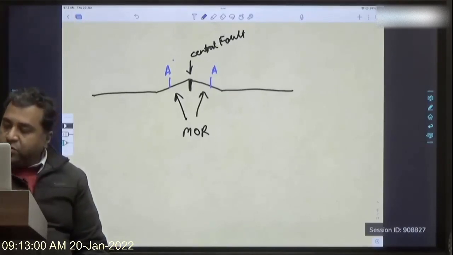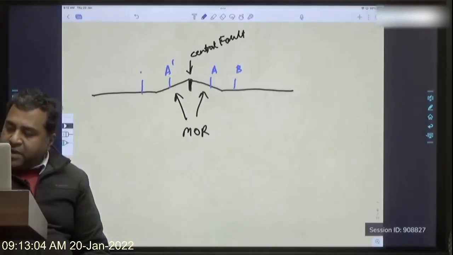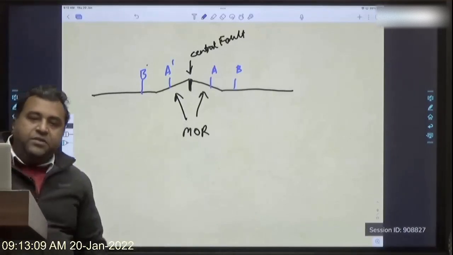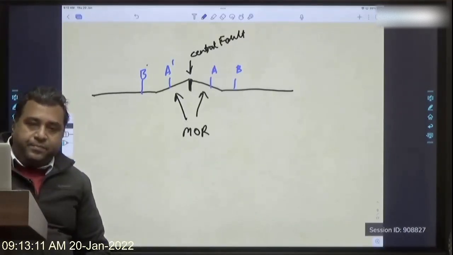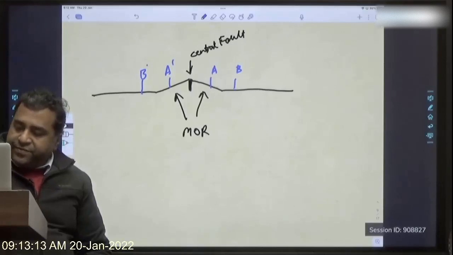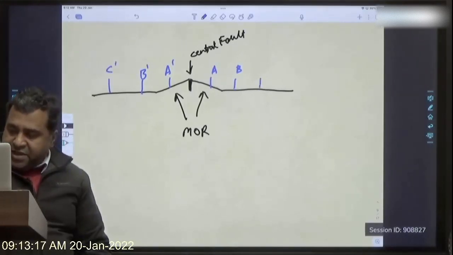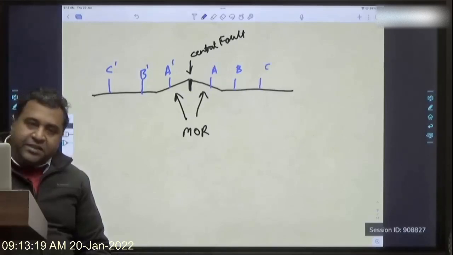Similarly, if we took rocks from B at equal distance on both the sides, B and B dash, then the rocks at B and B dash showed great similarity. Similarly, if we took rocks at C and C dash.